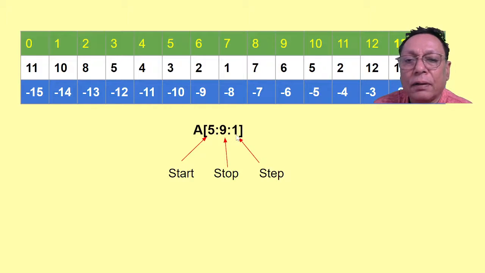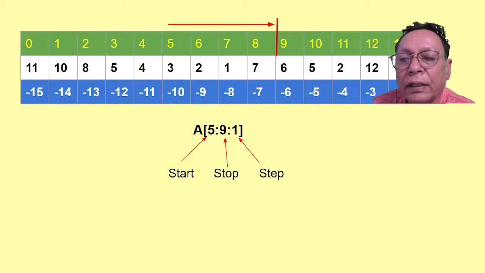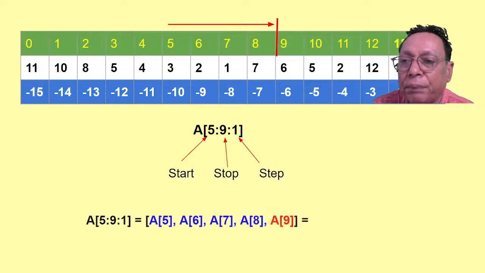So index 5, here this is index 5, 6, 7, 8, and 9 will be excluded. We'll extract the values at indexes 5, 6, 7, 8, but 9 is a part of the list, and we'll exclude it.